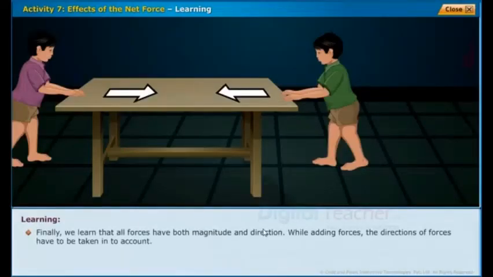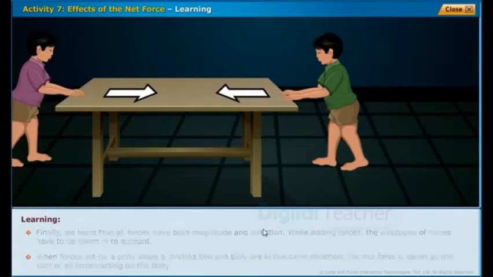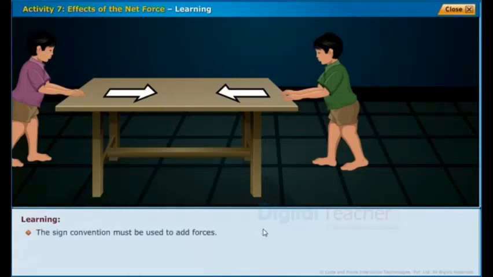Finally, we learn that all forces have both magnitude and direction. While adding forces, the direction of forces has to be taken into account. When forces act on a body along a straight line and they are in the same direction, the net force is taken as the sum of all forces acting on the body. The sign convention must be used to add forces.